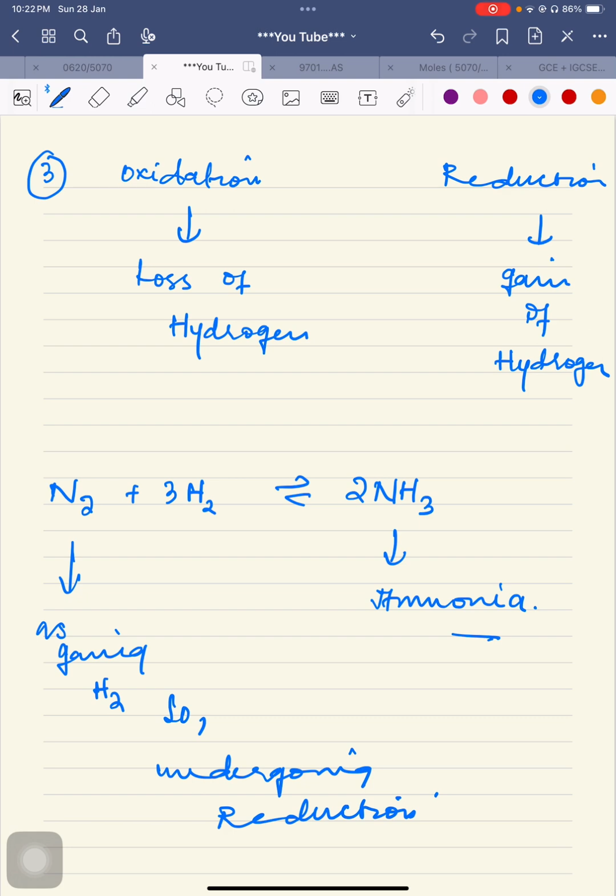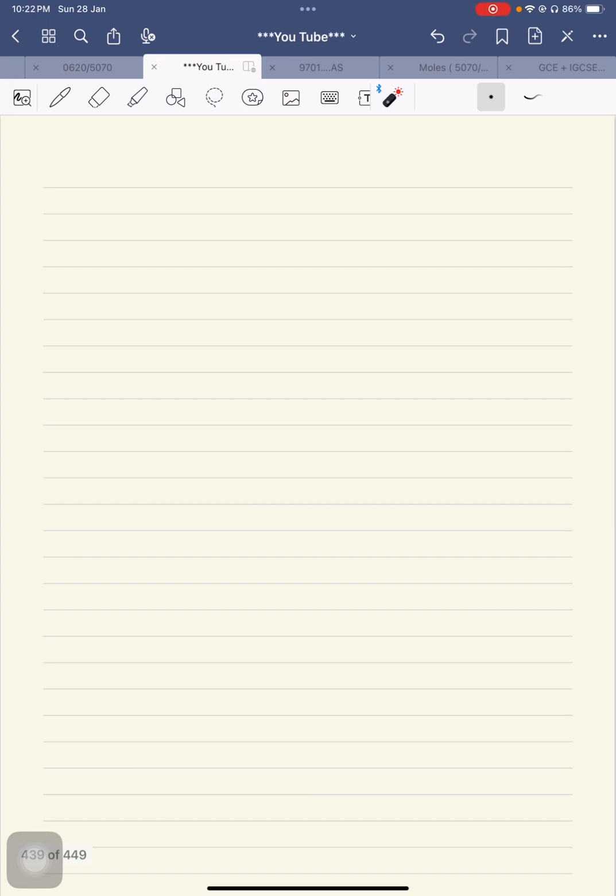A reversible reaction is one in which reactants are converting themselves into the products, and products are breaking up to give the reactants back. Reversible reactions are represented by such a type of arrow. In one exam, the examiner drew these arrows and then asked what is represented by these arrows. So what is the answer? A reversible reaction is represented by these arrows.